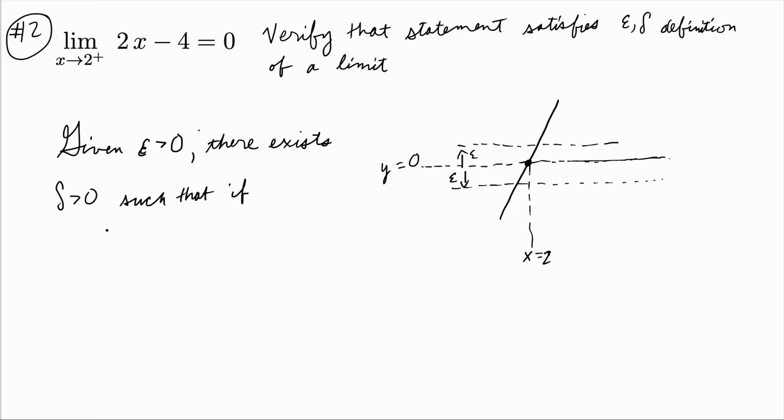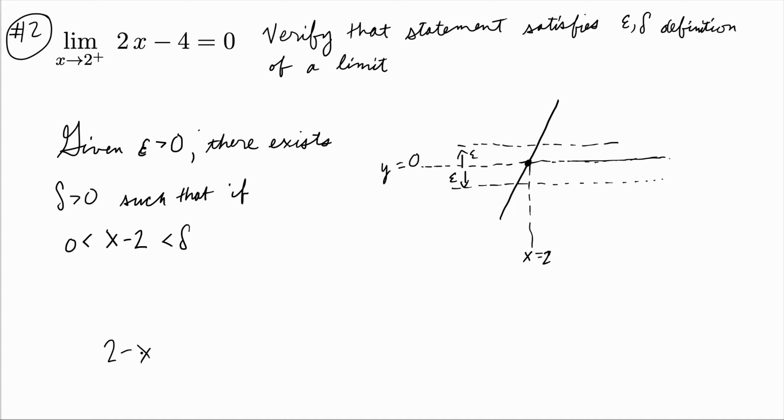That would be just x minus 2 can't be 0, and it's going to be less than delta, and I will omit the absolute values. The absolute values would tell me that I can be on either side. This tells me I'm only on one side, in particular the right side. If I was doing something with the left hand limit, I would have a 2 minus x. But in this particular case, I have an x minus 2.